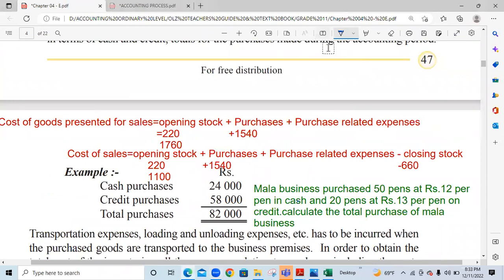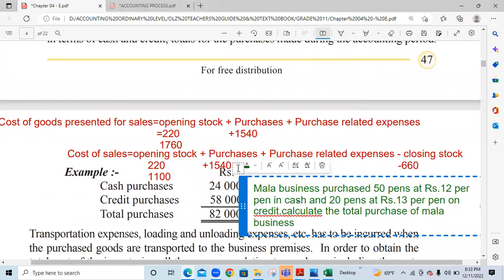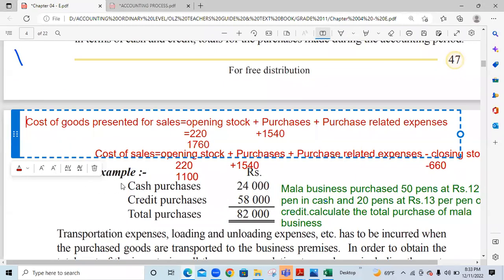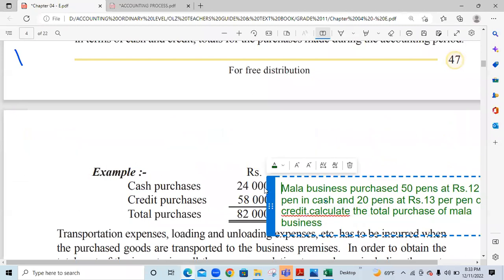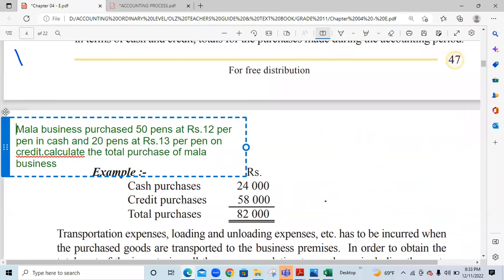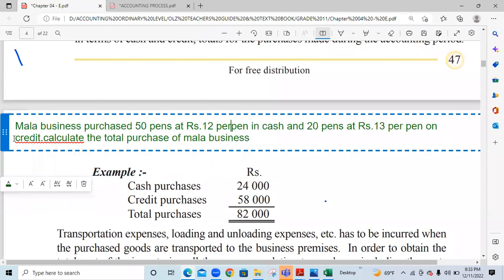When it comes to purchase, when you're calculating purchase expense, you have to take both cash purchase plus credit purchase.